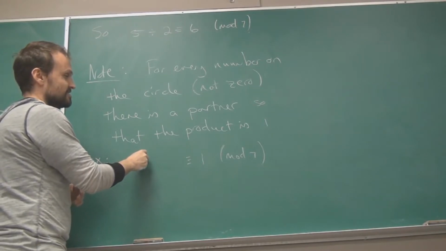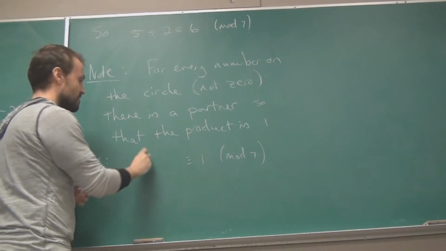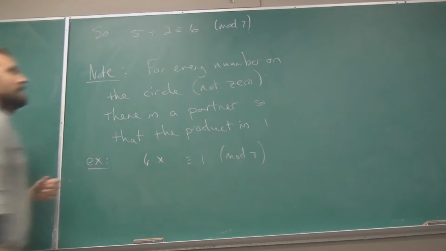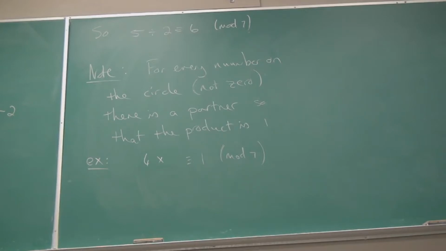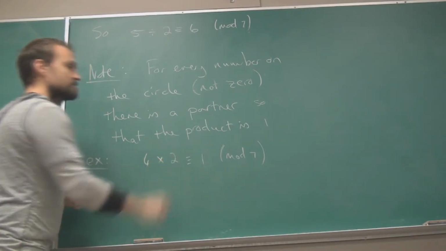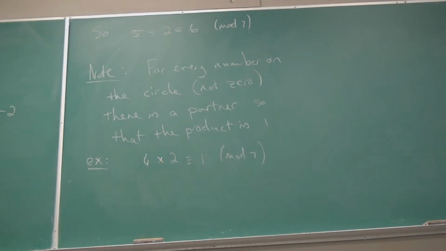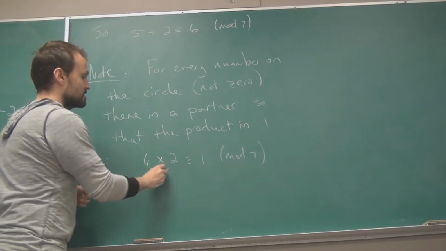Not hard. Roll the dice. 4. What is 4's friend? 4's friend is 2, because 4 times 2 is 8, which is 1.